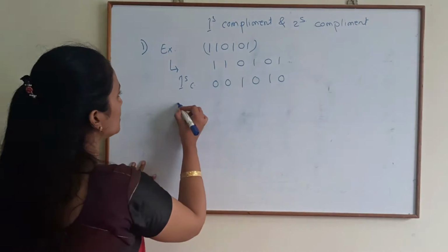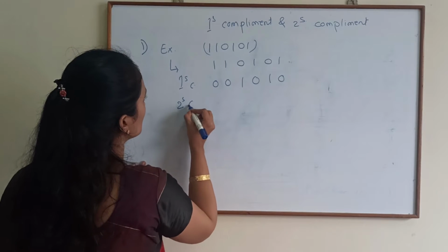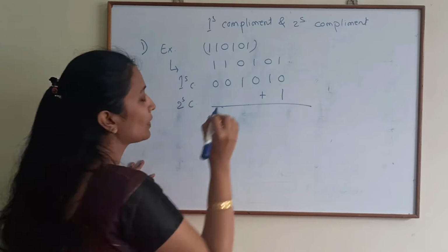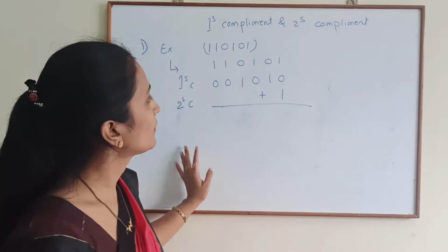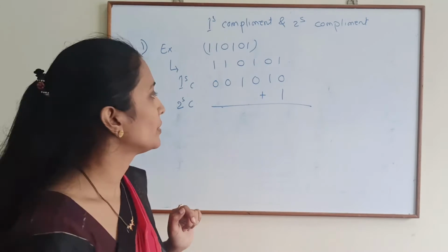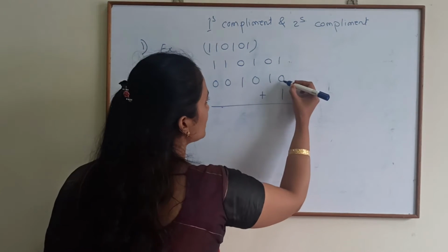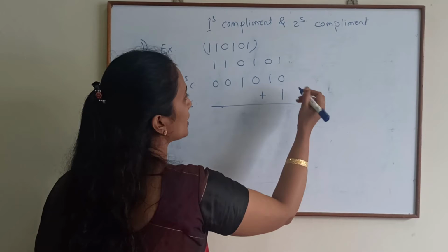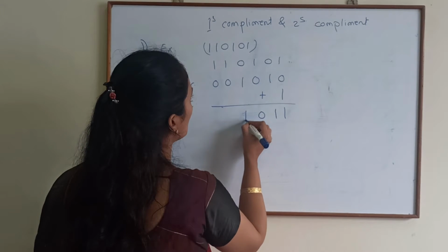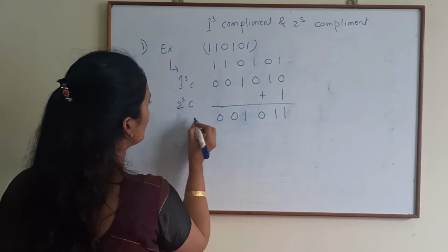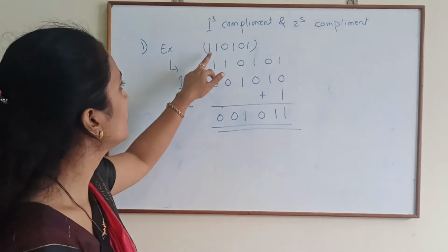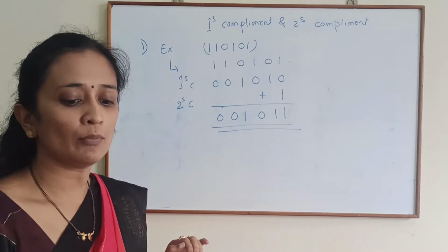What we want? 2's complement. 2's complement is add 1 to the first complement. Therefore, we are adding 1 to the 1's complement. We know the rules for addition of binary numbers. 0 plus 1 is 1. This is second or 2's complement of given binary number.